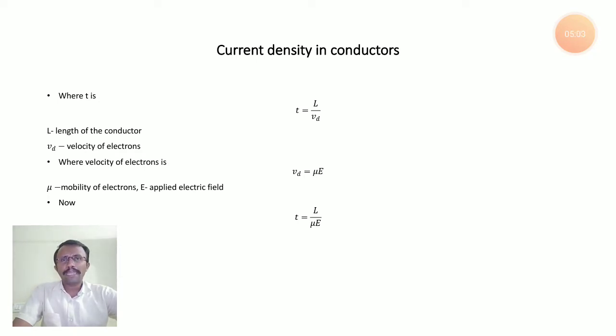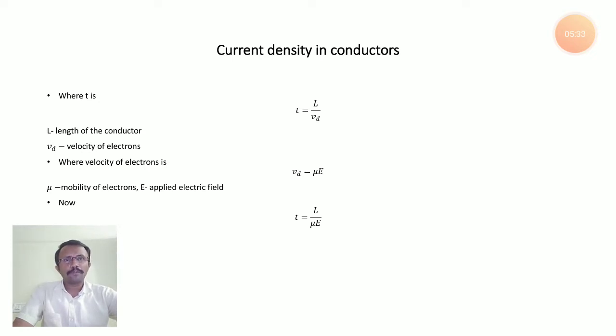When you apply an electric field on a conductor, the electrons start moving from one end to the other end, and the movement of electrons is responsible for current flow. That's why I is equal to Q by T, where T is equal to L by Vd.